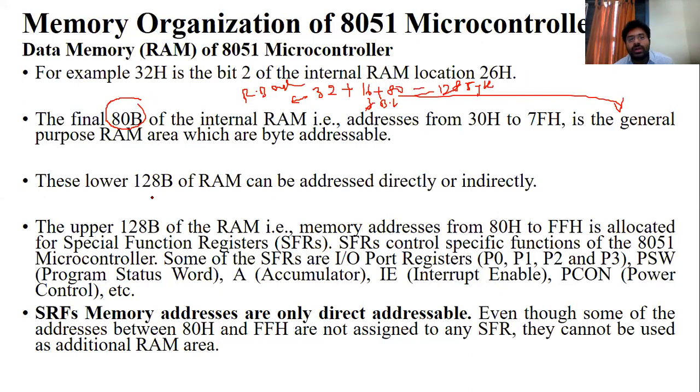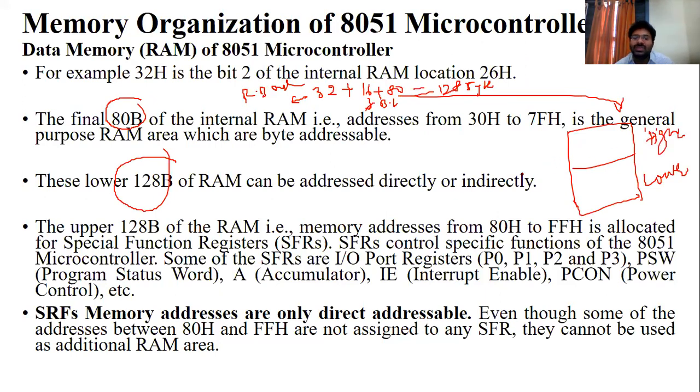So, this is the lower 128 bytes. You know that the entire memory is divided into lower as well as higher 128 bytes. The lower 128 bytes of the RAM can be addressed directly or indirectly.